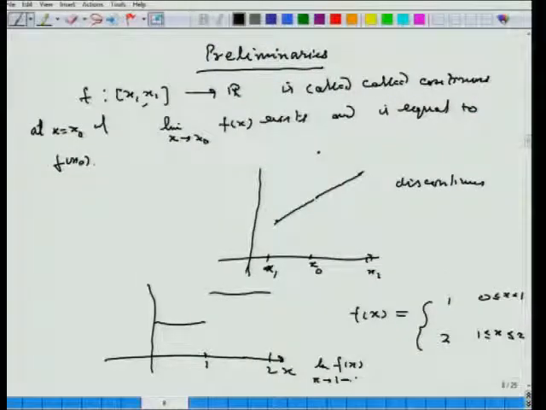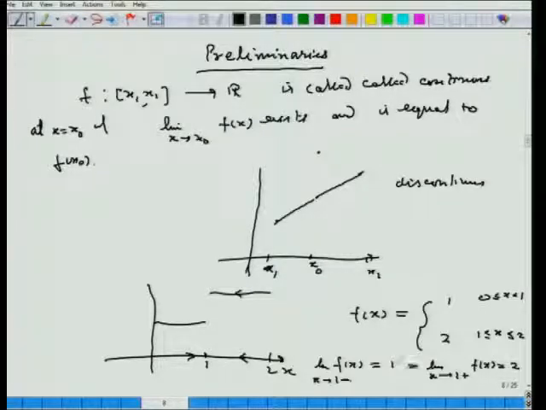This limit x tending to 1 minus means you approach the point 1 from the left side, so this will be equal to 1, and if you take the limit x tending to 1 plus of f(x), that means you approach from this side, so it will go to 2.